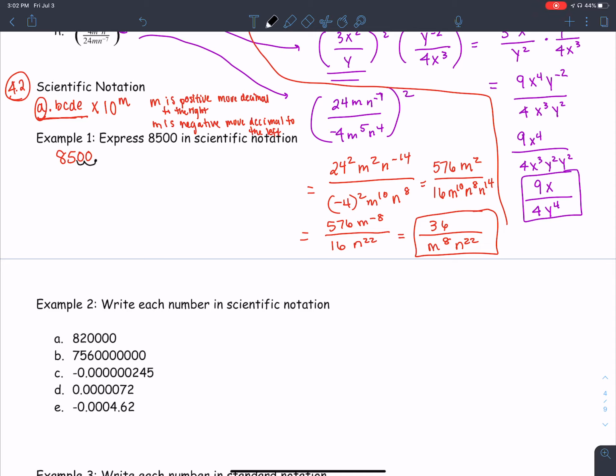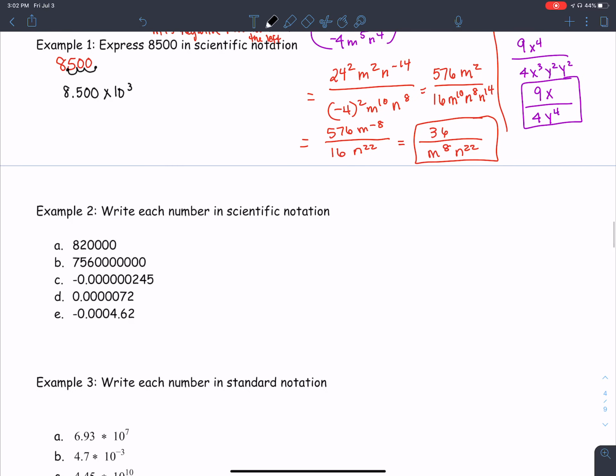So 1, 2, 3. This is going to be 8.500 times 10 to the, now, we moved it left to get it into scientific notation. But in order to get it back to our original number, we would have to move it right. So this is going to have to be a positive number. So to the third.